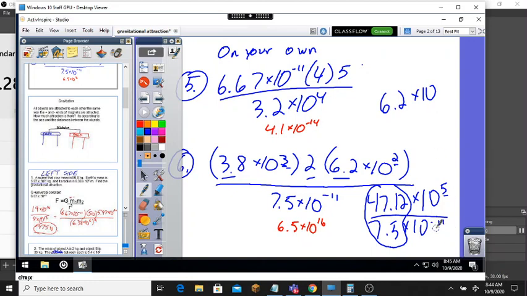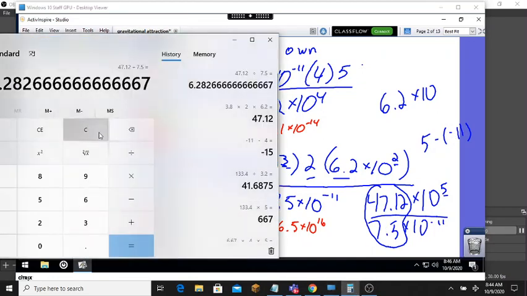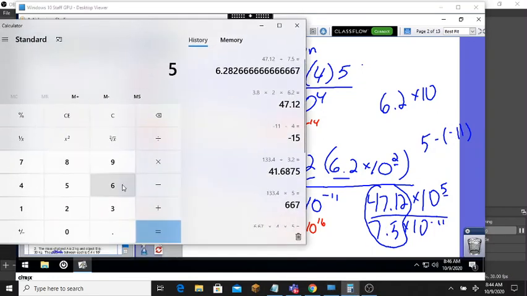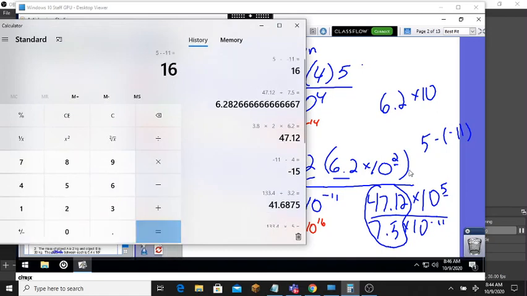So now the exponents, 5 minus 11. That minus is always there, right? So I would suggest that maybe you do this, okay? We are subtracting, but then there's also another negative, so you should have a minus, a negative, okay? So here we have 5 minus negative 11. 5 minus negative 11 gets me 16.